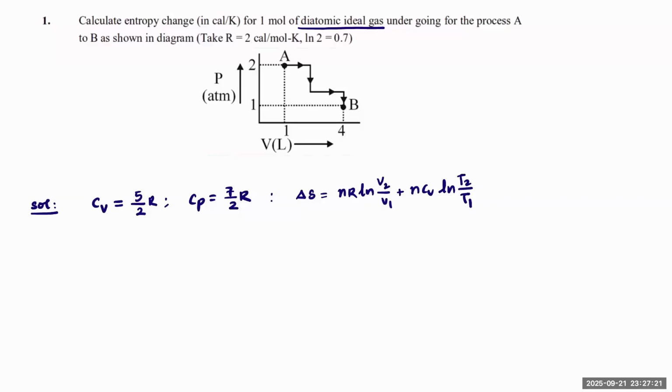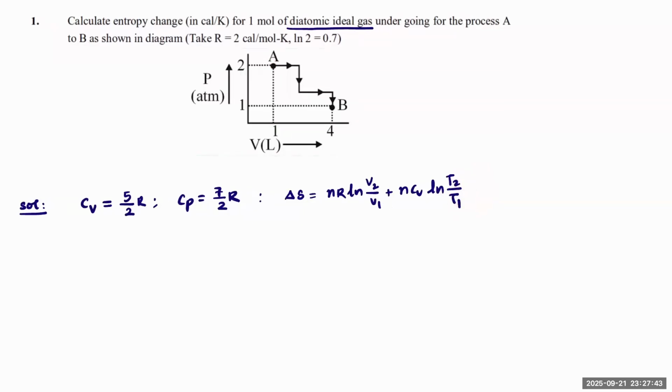And now, starting with A, because you know that when it comes to A to B here, the process goes this way. So this is a pressure term, this is a volume term. Okay, and initially volume and pressure is known, so this temperature term can also be represented in terms of pressure and volume.